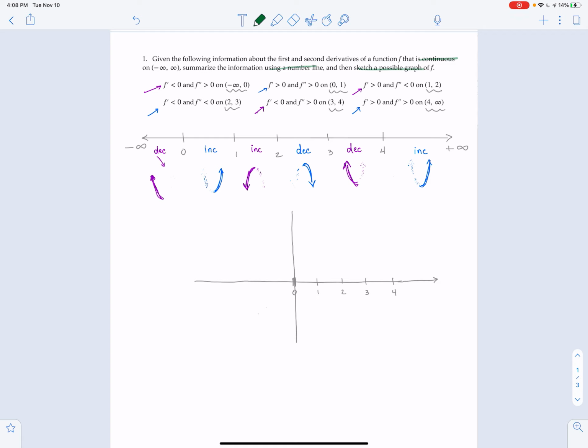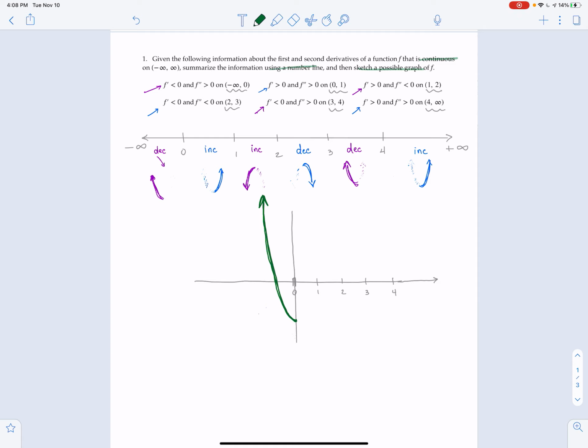And so what I have, let's use a green. From negative infinity to 0, I am decreasing and concave up, so it's going to look like this. And I know my graph is continuous, so I'm going to have to pick up from there.